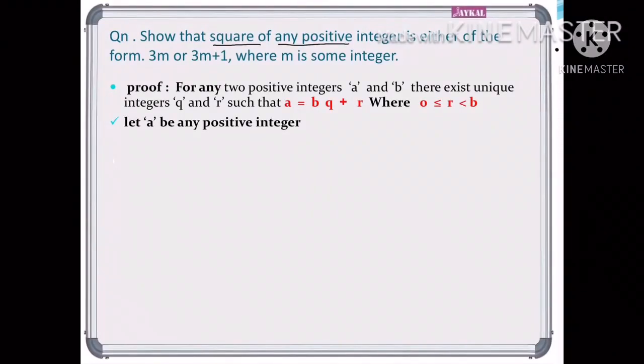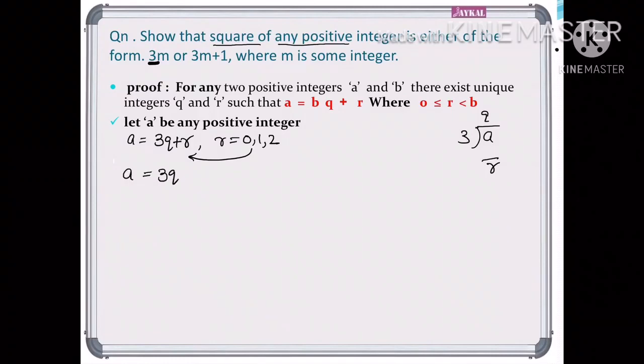Let us take b is equal to 3, that is, divide a by 3. a can be written as 3q plus r, and what can be the values of r? 0, 1 and 2. Putting the values of r here, we get 3 values of a, that is 3q or 3q plus 1 or 3q plus 2.